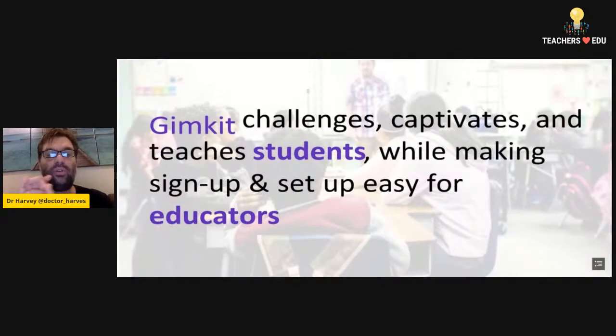The advantage of Gimkit is it captivates because it creates the idea of a game within a game. It also challenges students to recall information and teaches students, while making the sign up easier for you as educators, because there are wonderful integrations which are also quite useful.